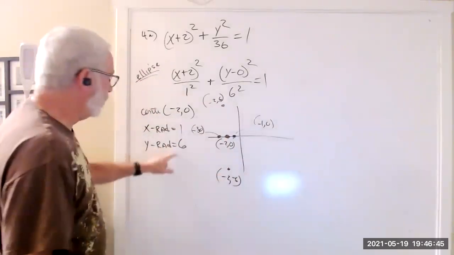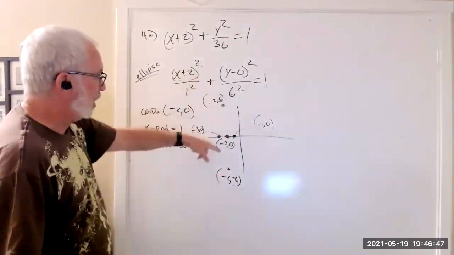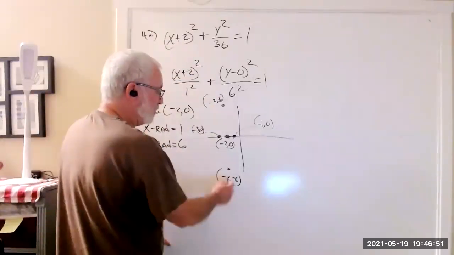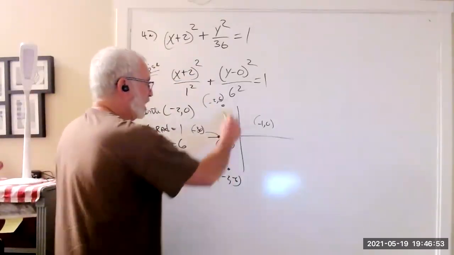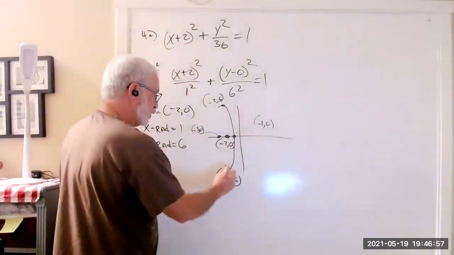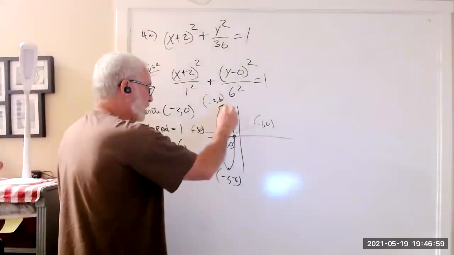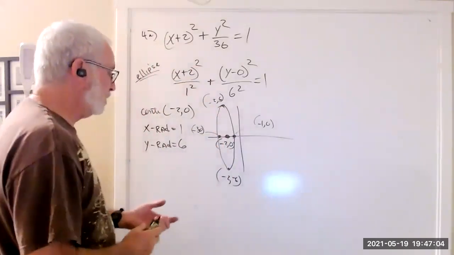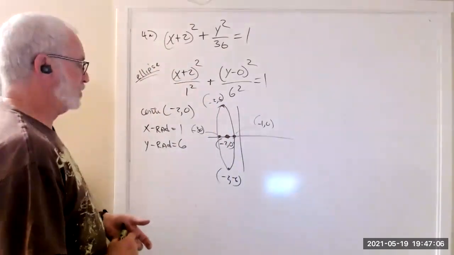So my y radius tells me how much I go up and down from the center. Again, the center is the key. Then I just simply connect the dots, try to make it as smooth as I can. Okay, and there is my ellipse.